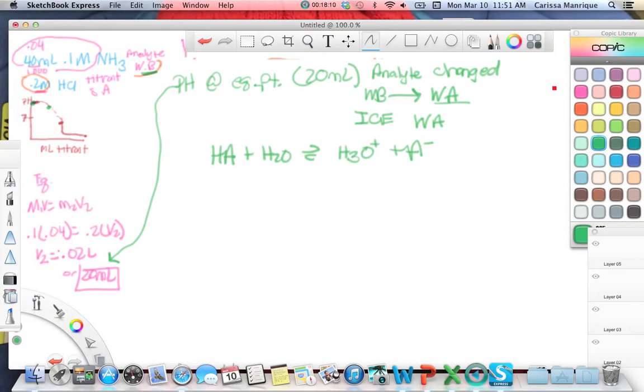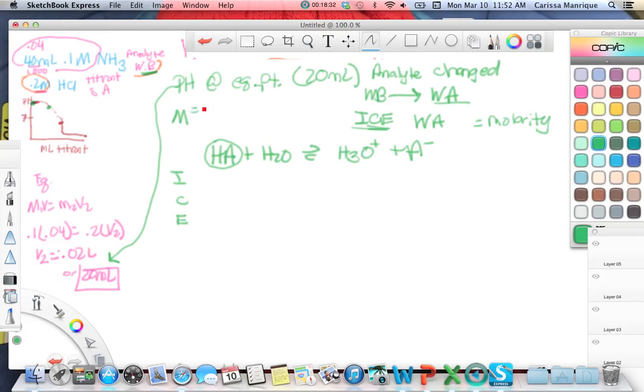And we have our ICE. Now the next hardest part is remembering what we put in here. Anytime we have an ICE table, we put in molarity. If you have a Henderson-Hasselbalch equation, you put in moles. So put in molarity.